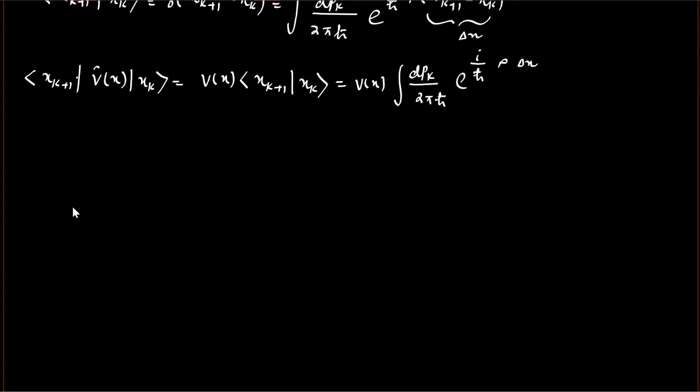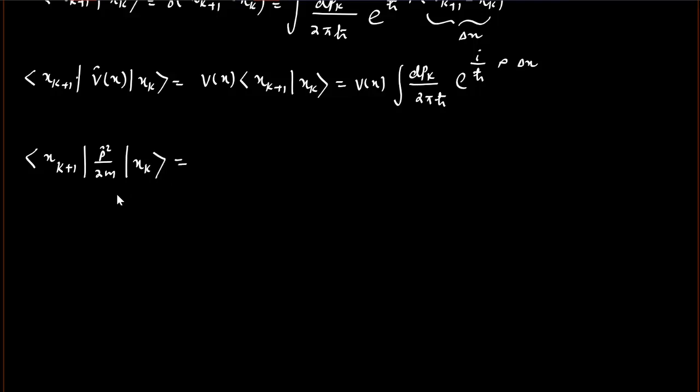Now let us try to express the kinetic energy term. In the kinetic energy term we have the p squared operator over 2m, and 2m is just a constant. Now you see this state is the position state, and this operator is the momentum operator.